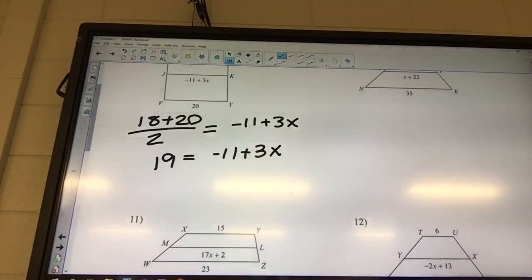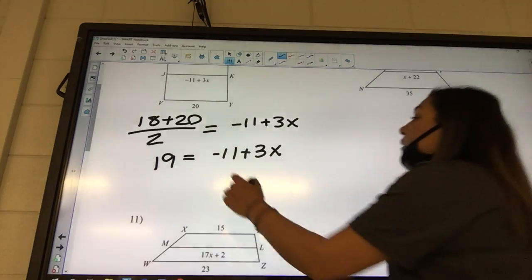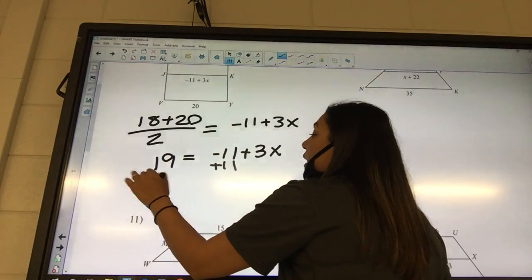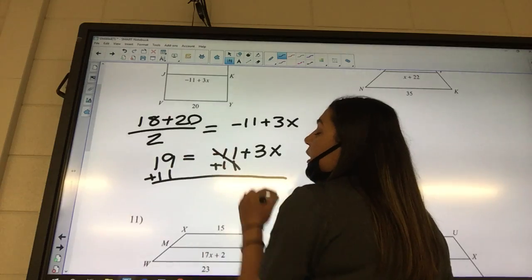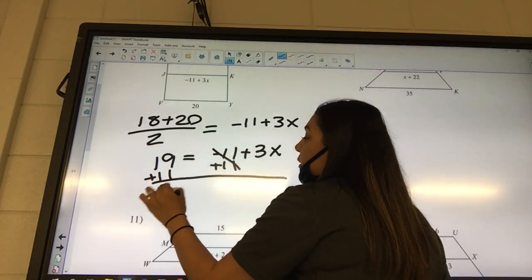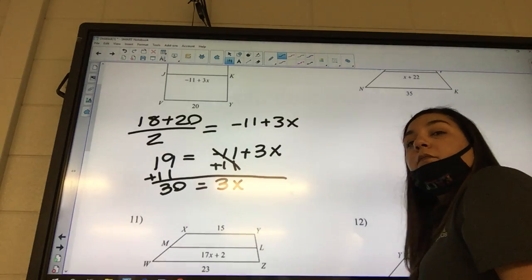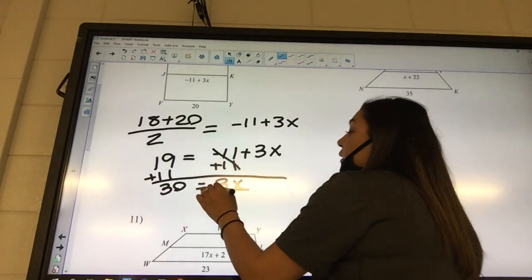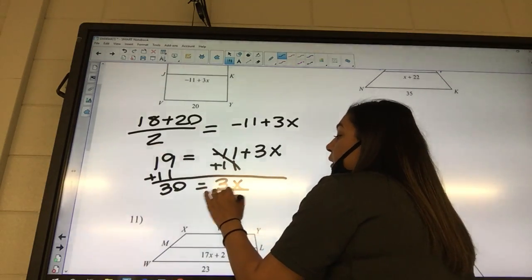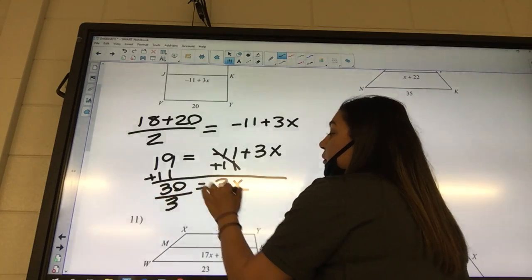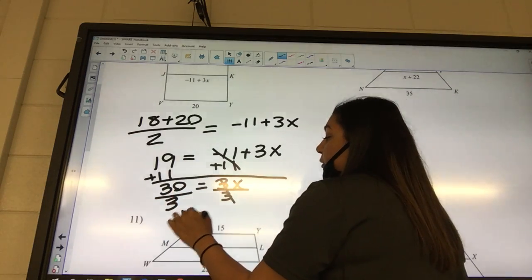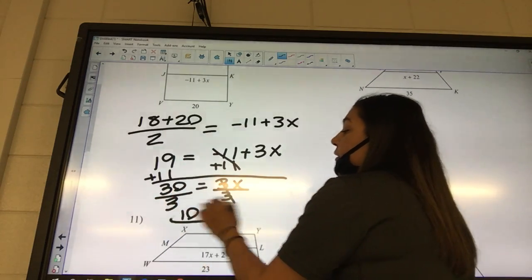What needs to be moved? I have a minus 11, so I'm going to plus 11. 19 plus 11 is 30 equals 3x. Then divide by 3. 30 divided by 3 is 10, so x equals 10.